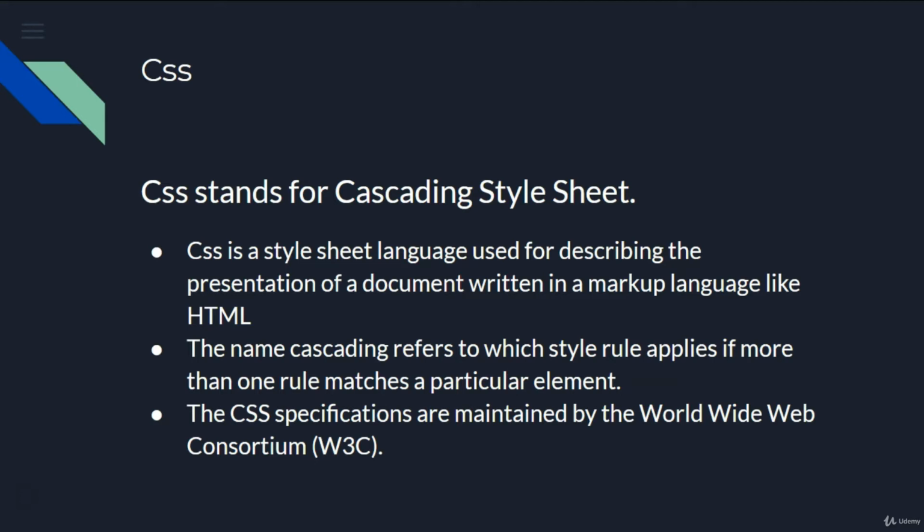So in the cascading version, the green one, the one at the bottom, is going to override the one at the top because it cascades down. So that's what the cascading refers to. And those things will become more clear as we get involved in CSS.